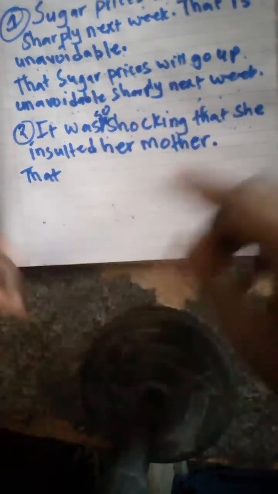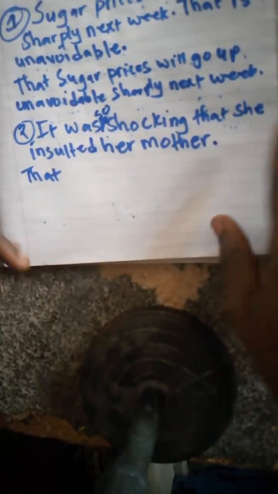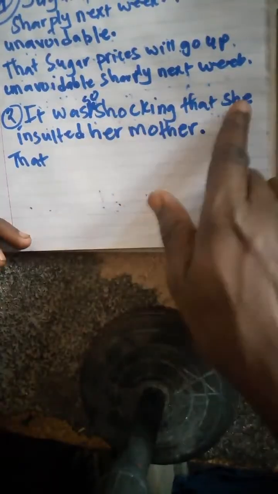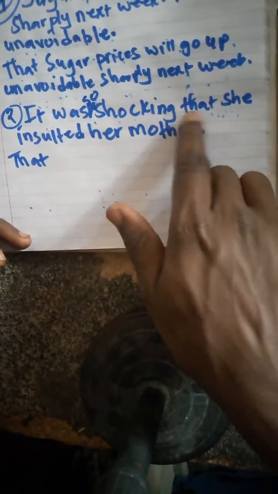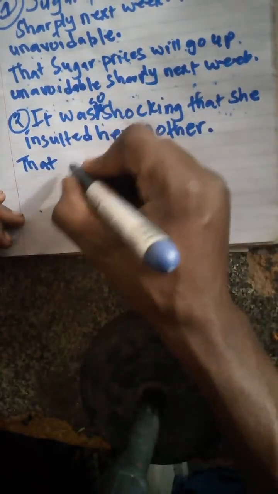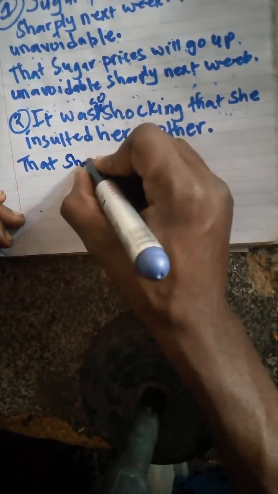So here it's just a continuation. This sentence is already done for us. It was so shocking that she insulted her mother. We just start from here. That she insulted her mother.